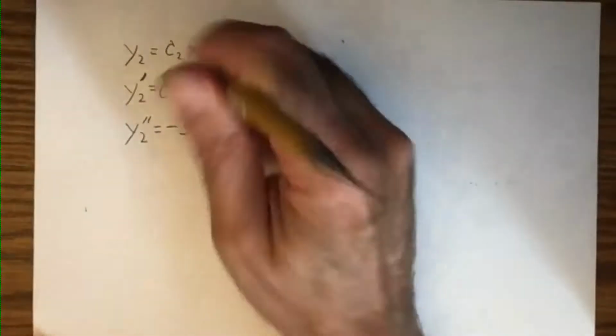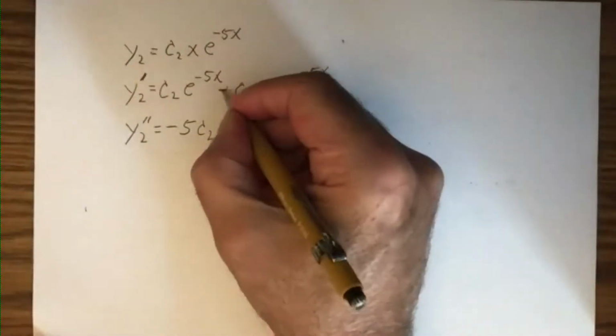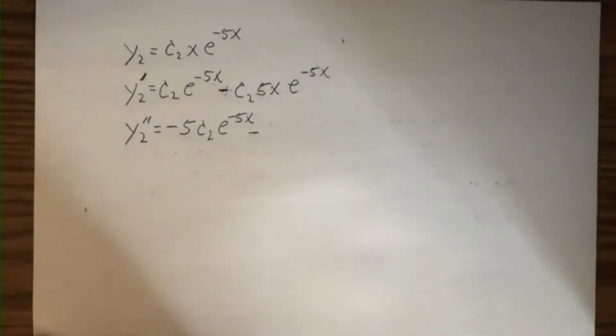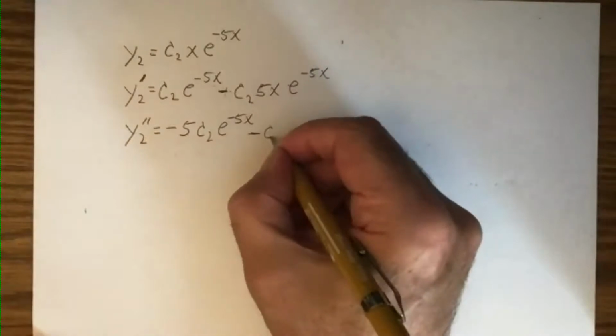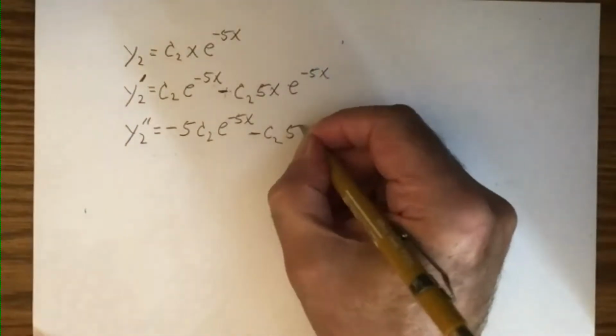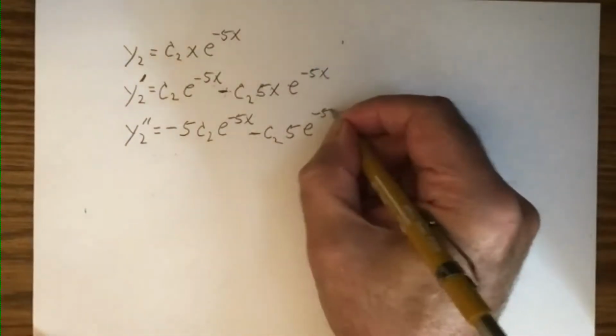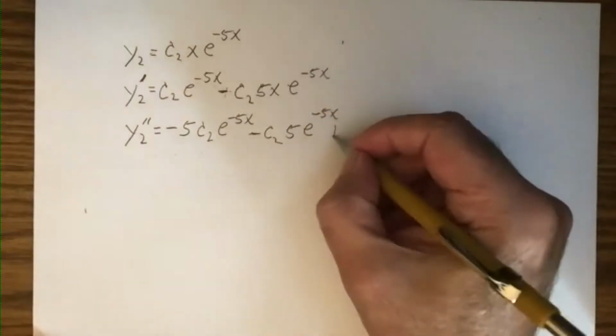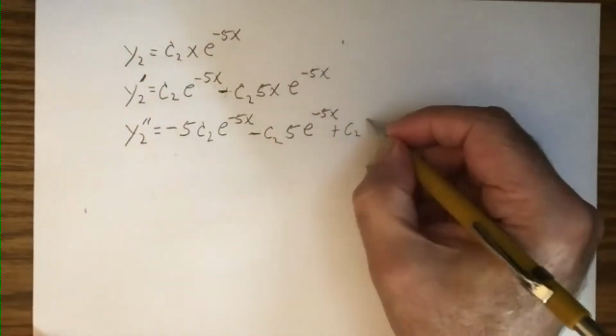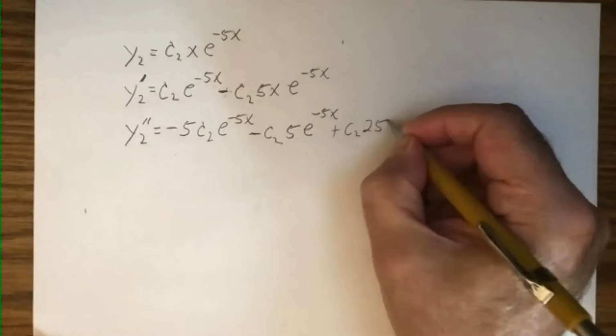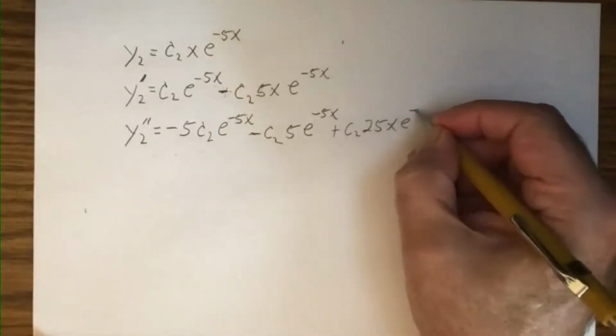Nobody caught that? This should be a minus sign. So now I get minus 5 C2 e to the minus 5x, and then plus C2, then there's going to be 25x e to the minus 5x, right?